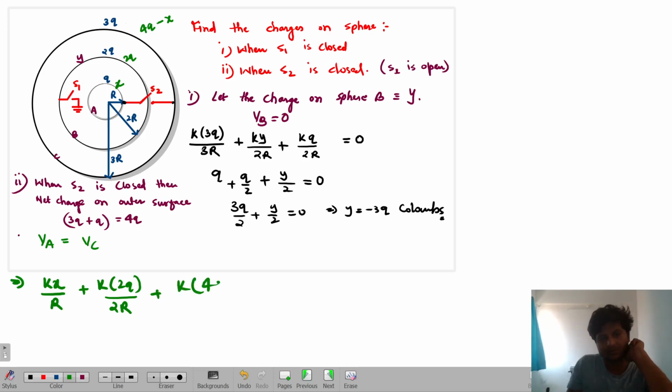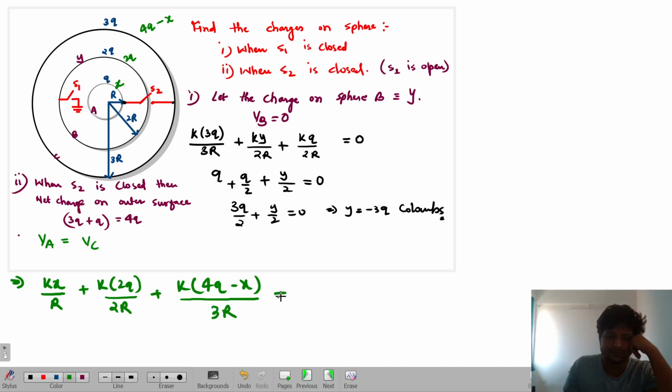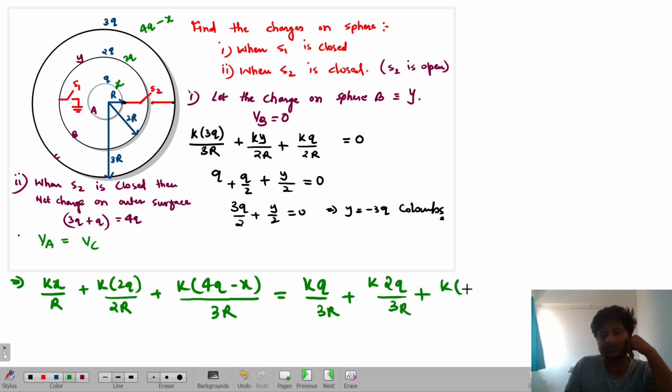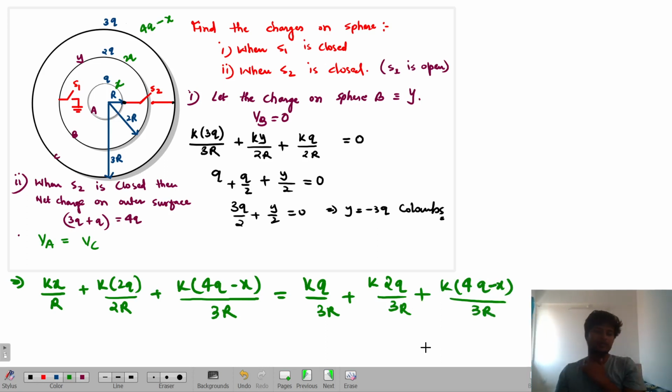Plus K into 4Q minus X divided by how much? Once again, it will be inner region, so that is 3R, equal to potential of C. So due to this Q1, I am going outer. So KQ by 3R plus treating K2Q as the center, K2Q by 3R plus K into 4Q minus X divided by 3R. Are you able to get me?